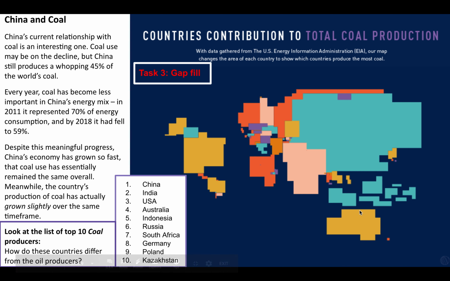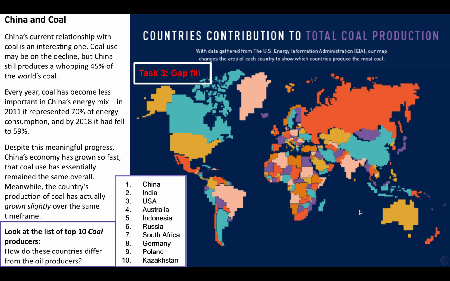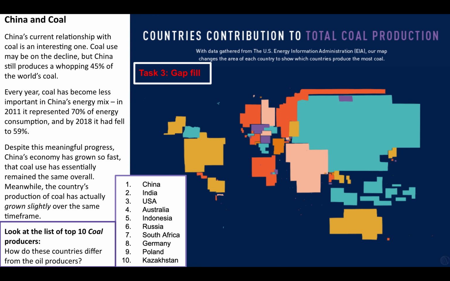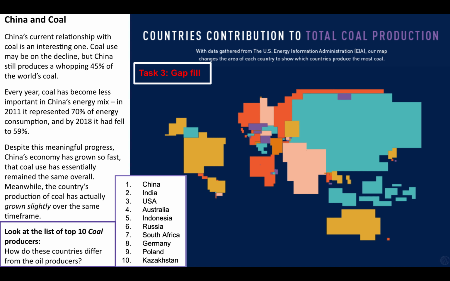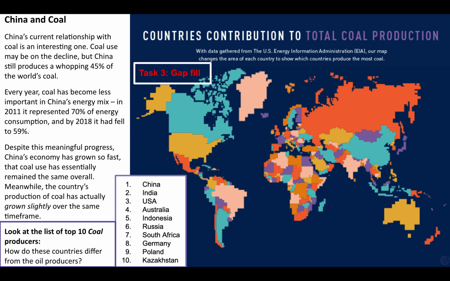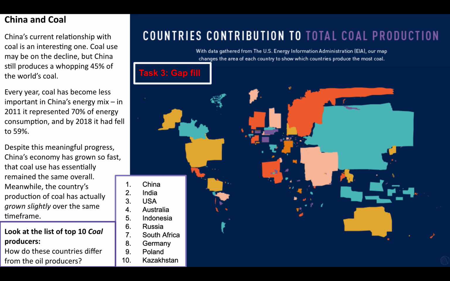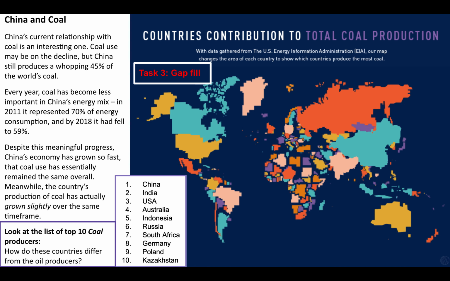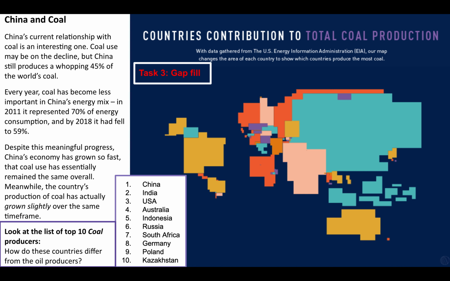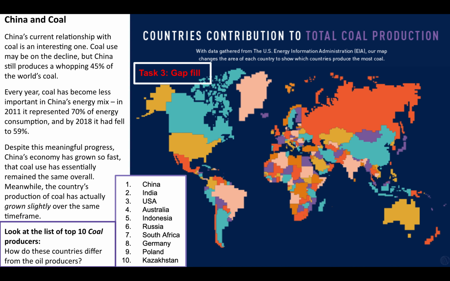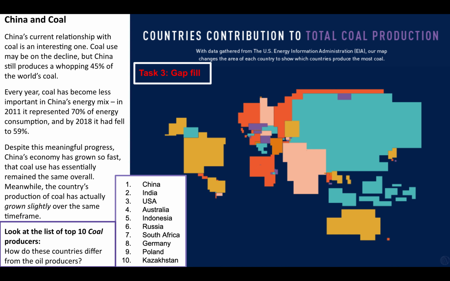Now, one of the things that we'll notice about the countries that are keen to use coal and continue to do so, despite the fact that it's incredibly dirty, is that they tend to be developing countries. They tend to be slightly poorer than the kind of countries that are able to afford to switch to oil, gas, and renewables. Now, that is not strictly true.